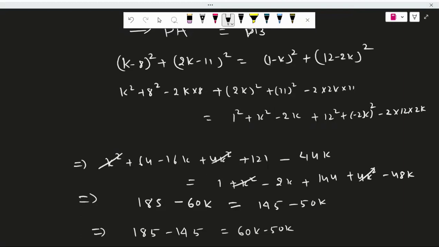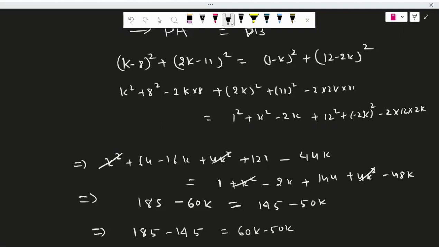But after expanding it, certain terms are cancelled out. So finally you can get the value of k. Okay.